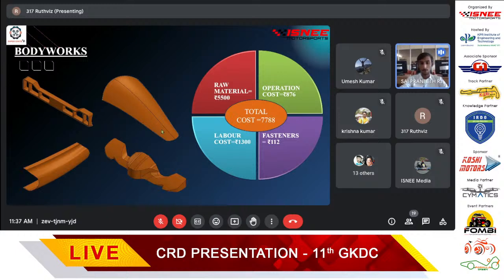The labor cost is shown because of the quotation, along with fasteners to join the bodyworks to the cart. These are the basic total cost of the bodyworks, which are manufactured in-house.